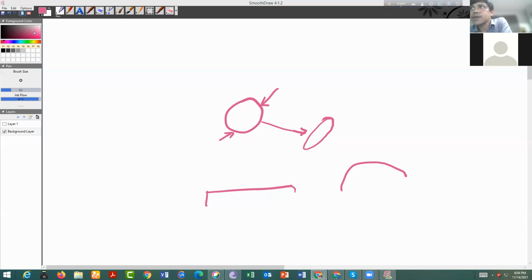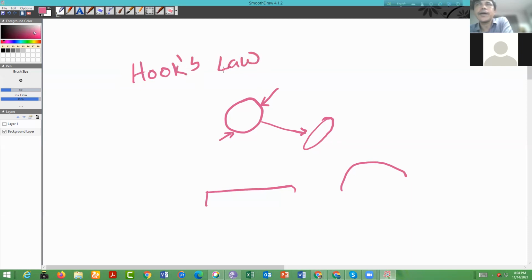Okay. The extension of an elastic object such as a spring is described in a formula that's called Hooke's law. That is, force equals Kx.